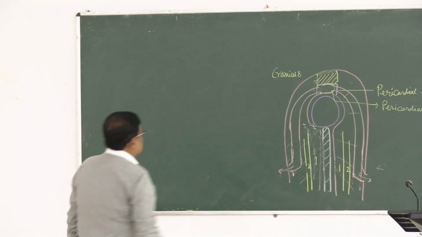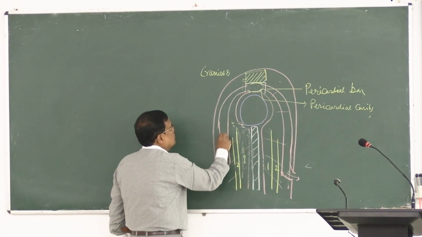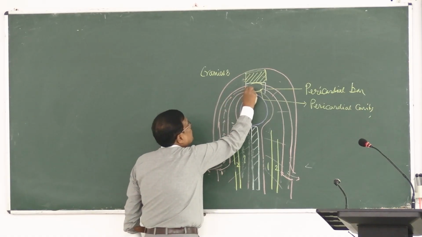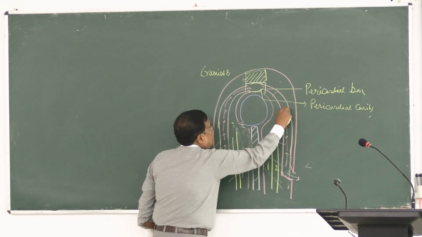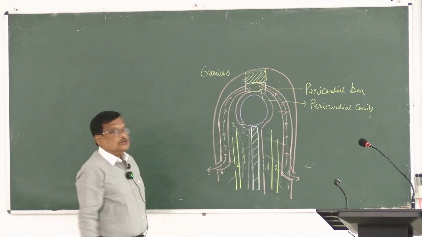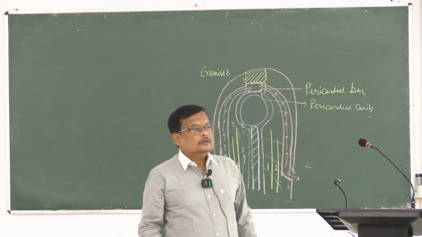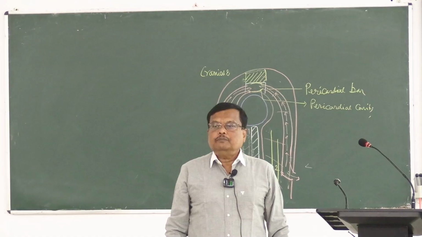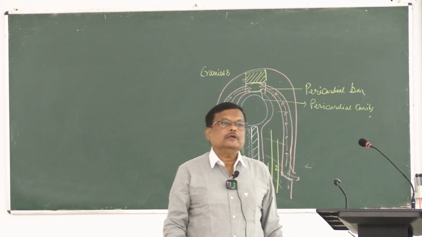So, a cavity will appear which is continuous with the pericardial cavity. Obviously, in our thorax and abdomen, the important viscera are wrapped by the peritoneum, the lungs by the pleura, and the heart by the pericardium.